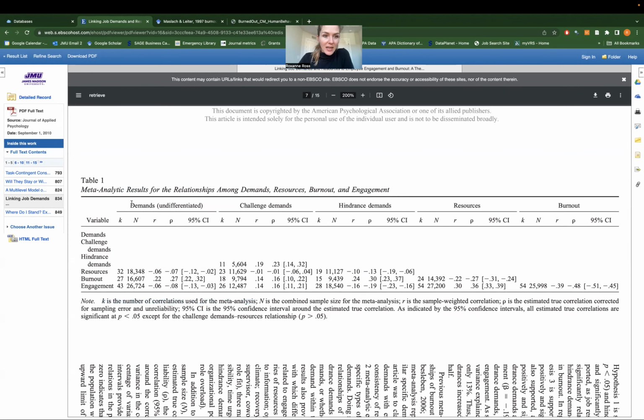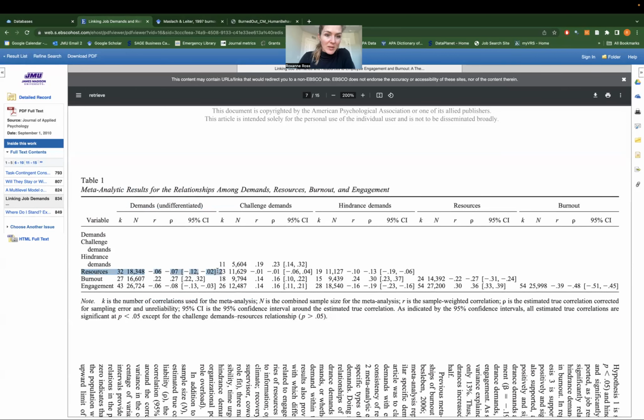These are basically a correlation matrix where you have to cross your variables across the x-axis here and the y-axis to find where they meet up. We're interested in burnout. So we don't need to know, for example, the correlation between demands and resources.